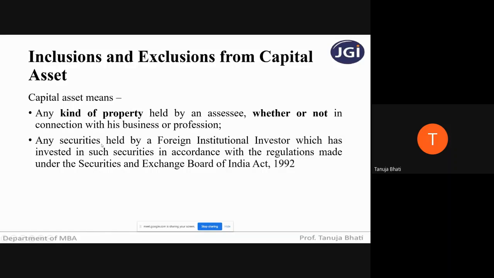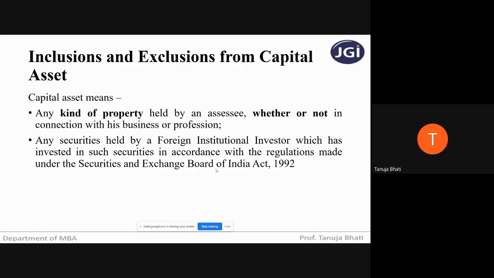And also any securities held by foreign institutional investors which have invested in such securities in accordance with the regulations made under SEBI. So students, if any foreign institutional investor is holding any security in accordance with the regulation of SEBI, that also is a capital asset for that foreign institutional investor.